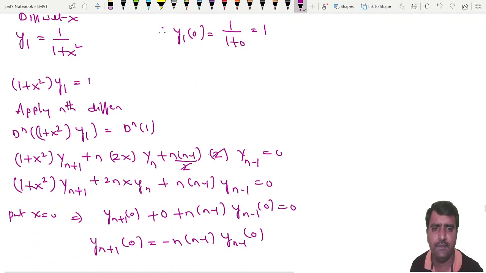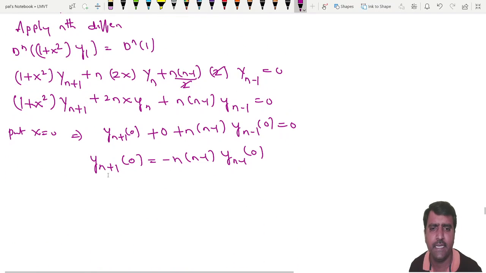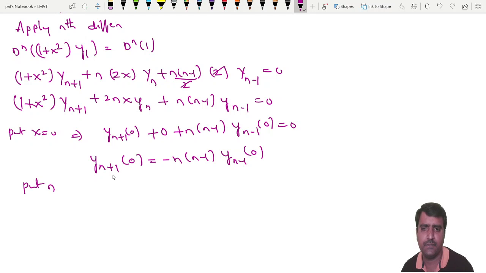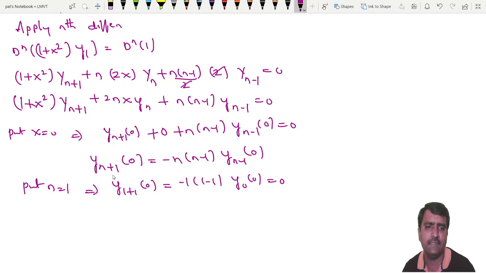Similarly, to find y2 of 0, you just take n is equal to 1 here. Put n is equal to 1, which implies that y1 plus 1 of 0 is equal to minus 1 into 1 minus 1 into y0 of 0, which is equal to 0 because 1 minus 1 is 0.